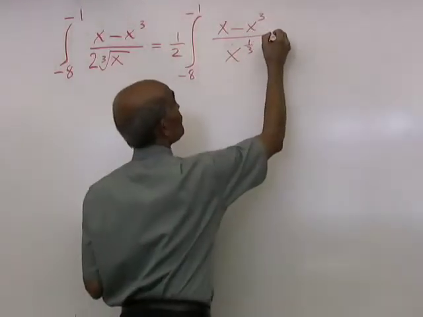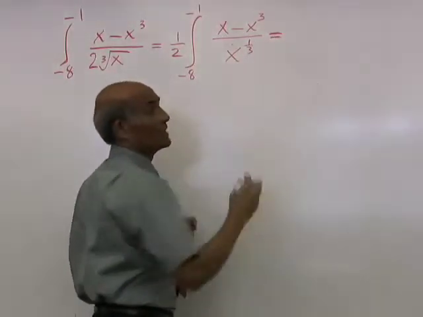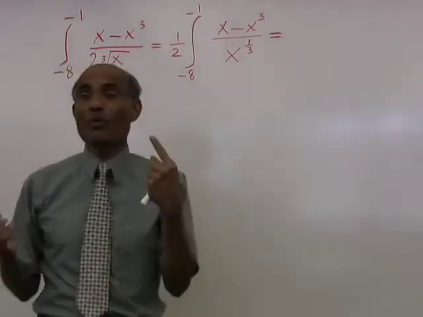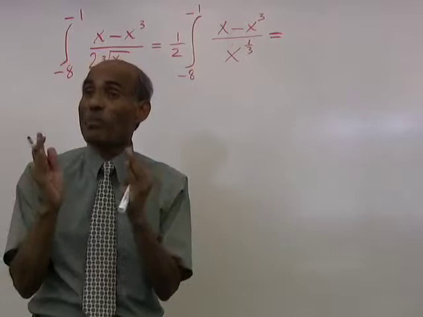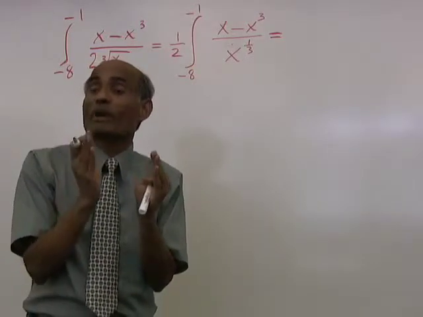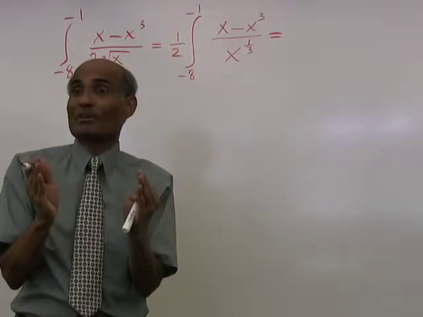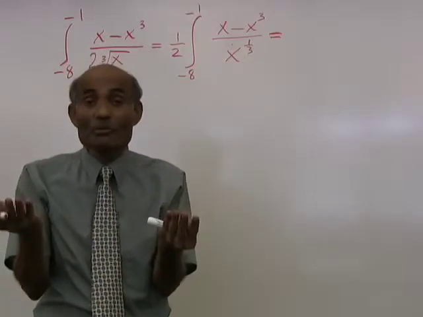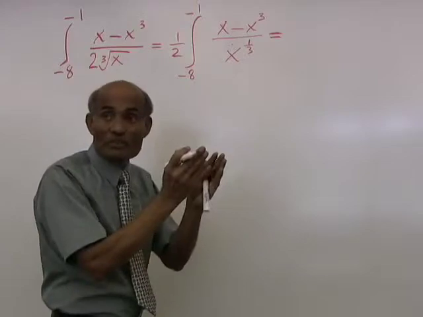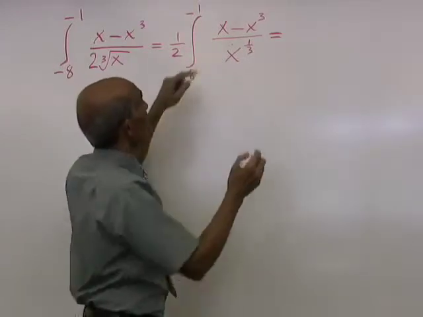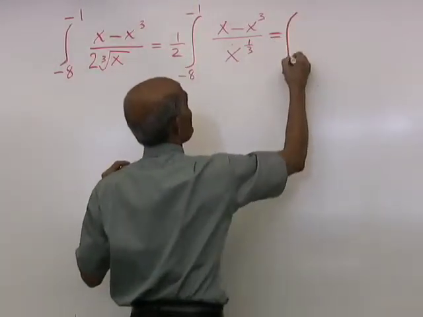Now, in our next step, remember, we only know one rule to find the integral of a function. That is the power rule. So you need to bring each term in the form of a power so that we can use the power rule. So what we need to do is split this into 2 terms. So that will be integral.